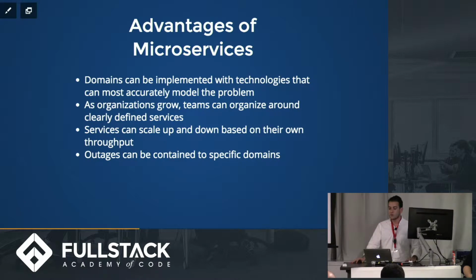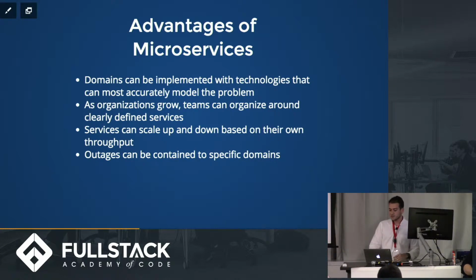One is that when you split out your domains into microservices, you can model each microservice with the technologies that work best for the specific domain. If you have a user microservice, you might not want to use a relational database or Mongo. You might want to use some sort of graph database, because that is particularly well suited for something with relationships.